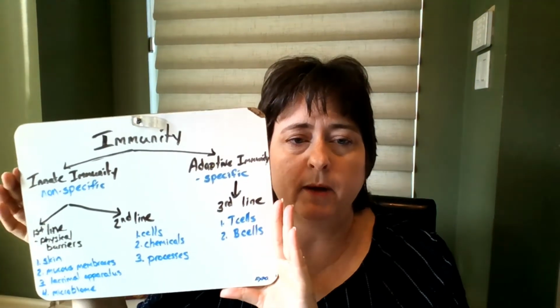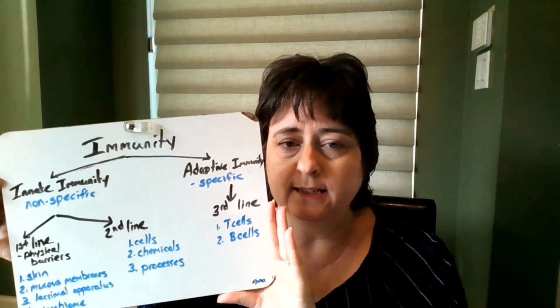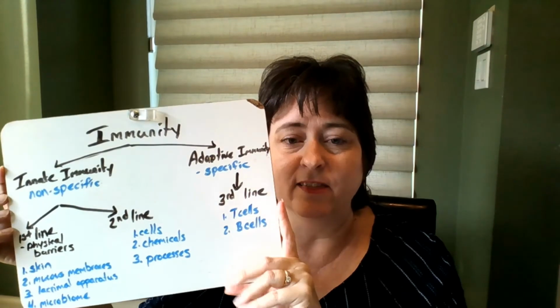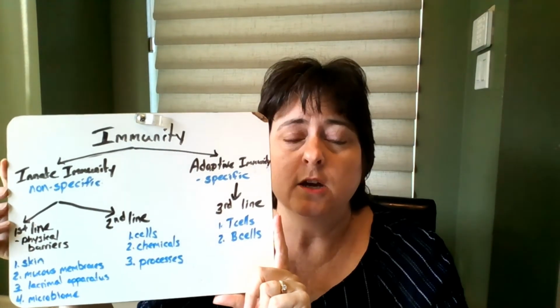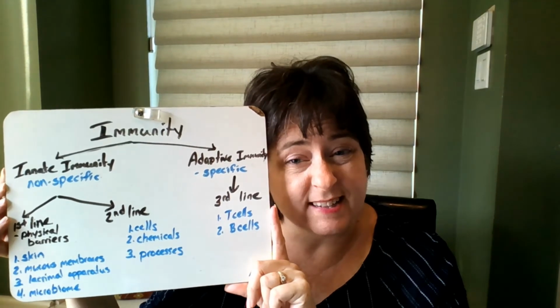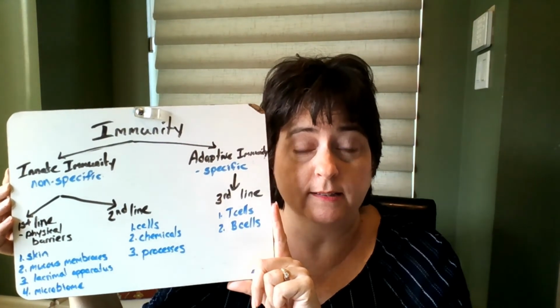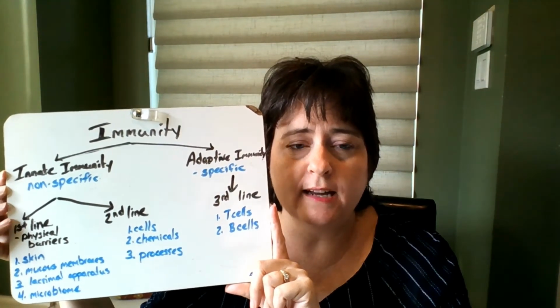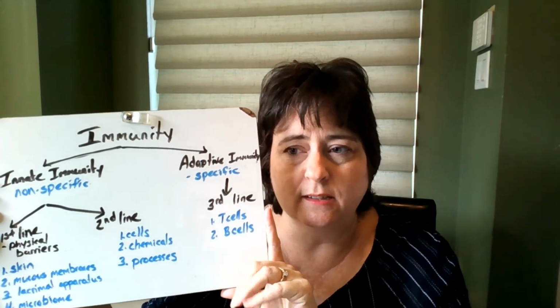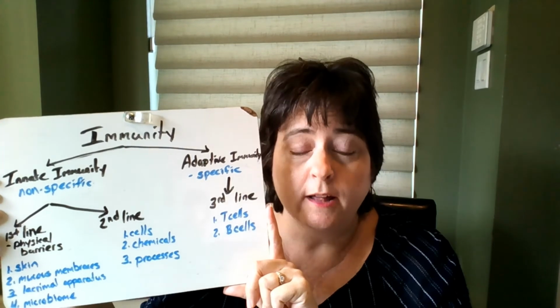When we are talking about immunity, we can break it down to innate and adaptive. We can also break it down into first line, second line, and third line of defense. Under innate immunity, that's your first line of defense and your second line of defense. When we talk about first line, this is going to be physical barriers that protect us.